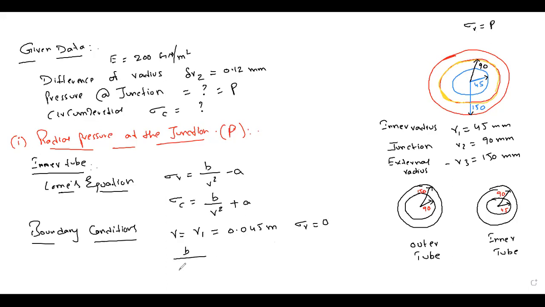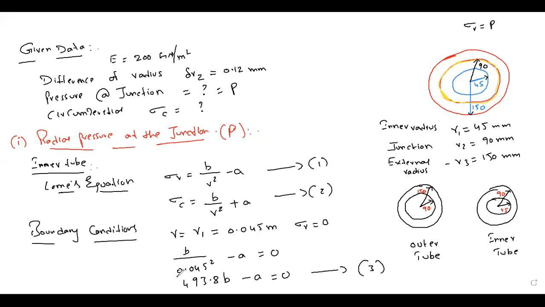Next, substitute these values in the radial stress. B by 0.045 square minus A is equal to 0. From this I can write the equation like this: 493.8 B minus A is equal to 0. Let us consider this as equation 3, with this as 1 and this as 2.